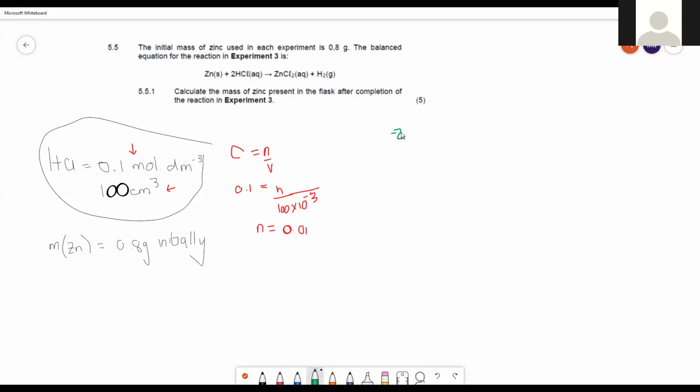And then we need to go look at our ratios. So remember that I just told you your zinc to hydrochloric acid ratio is 1 to 2. Okay, that means that when it reacted, then your moles of zinc would be half of that of your moles of HCl.